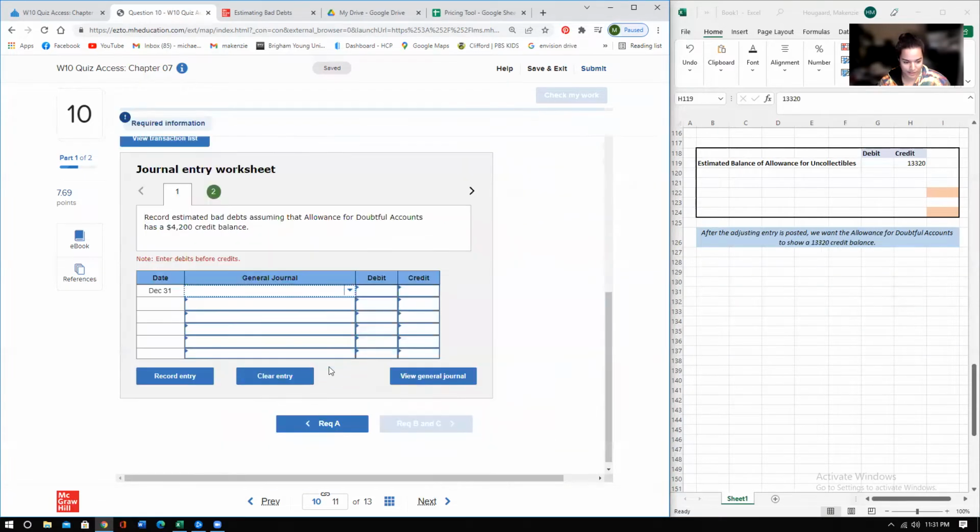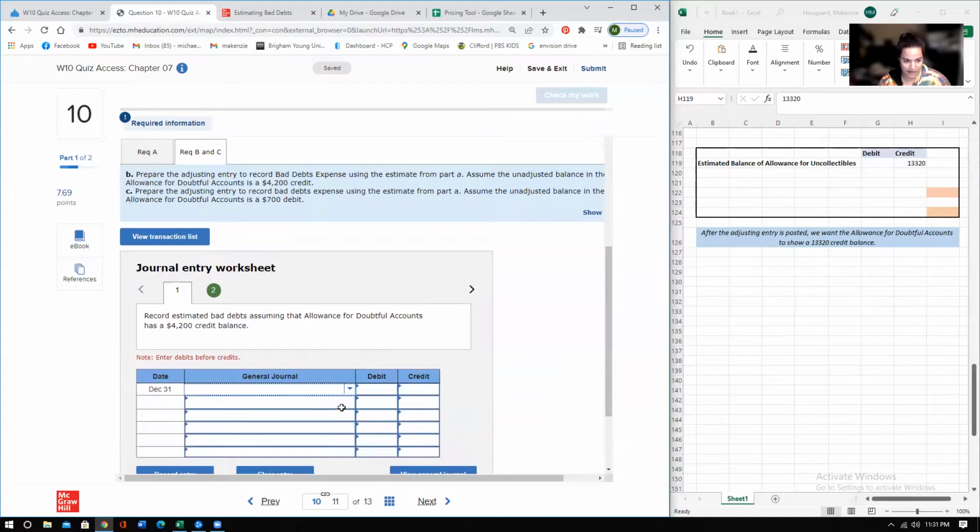So for these ones, we are doing adjusting entries, assuming that they have this credit already. And so here I wrote, after the adjusting entry is posted, we want the allowance for doubtful accounts to show a 13,320 credit balance. So if we're assuming that we already have a $4,200 credit balance and we need to get it up to 13,320, then we need to add something.